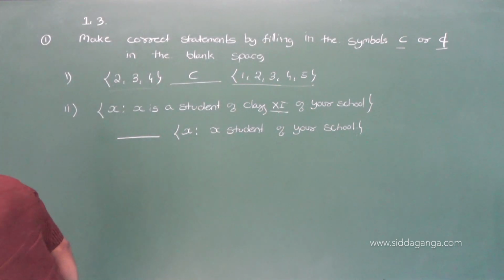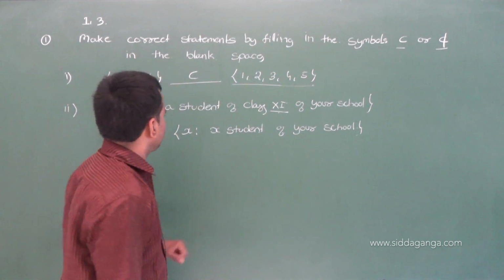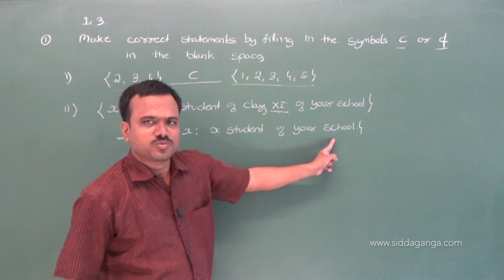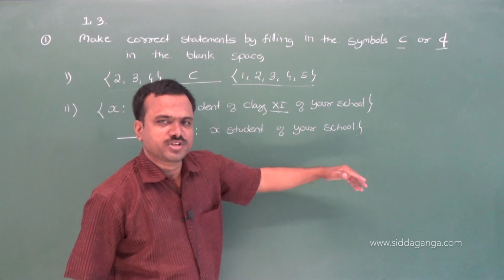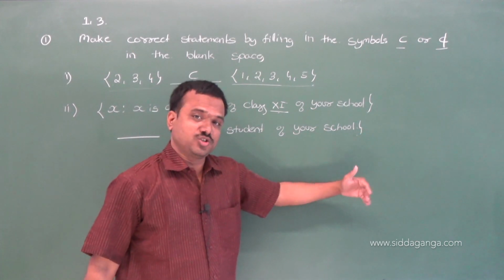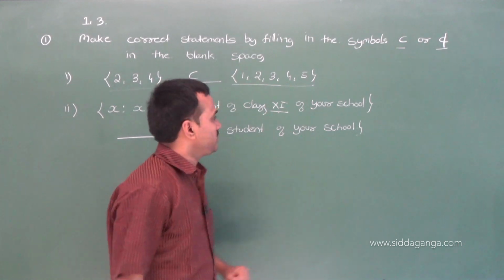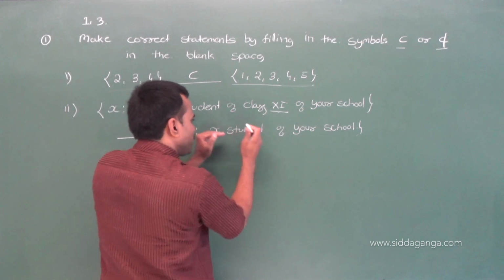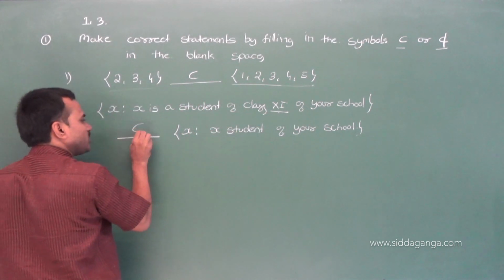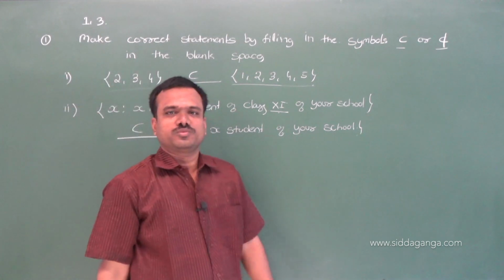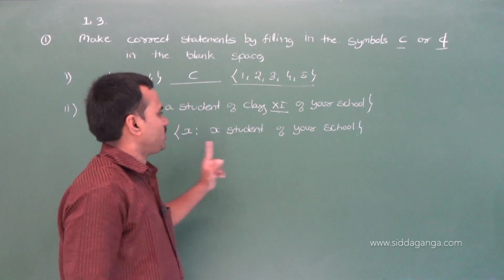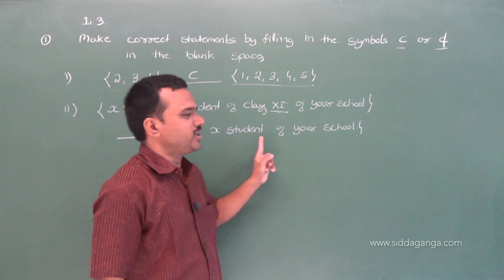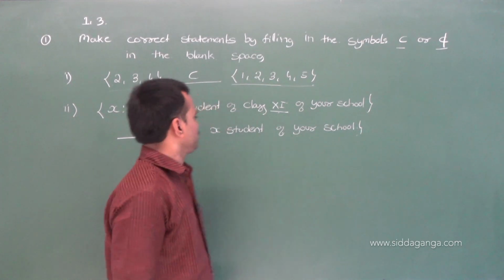Observe here, in a school there are first standard, second, third, fourth, fifth, sixth, 7, 8, 9, 10, 11, 12, LKG, UKG, playgroup. So class 11 is a part of this, which means the students of class 11 are a subset of the students of our school. Correct?